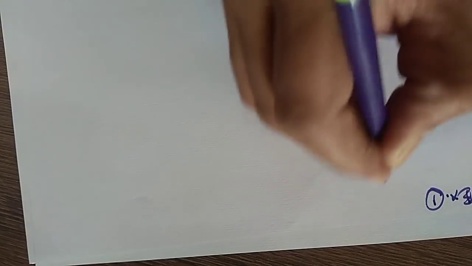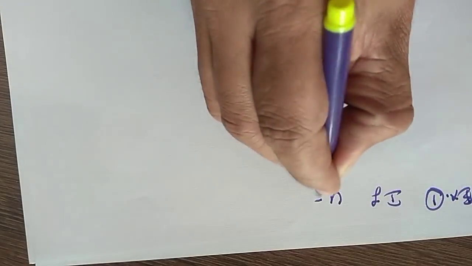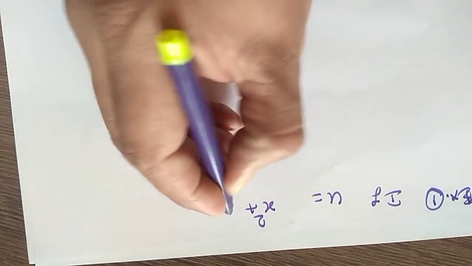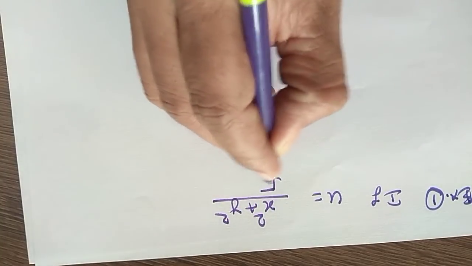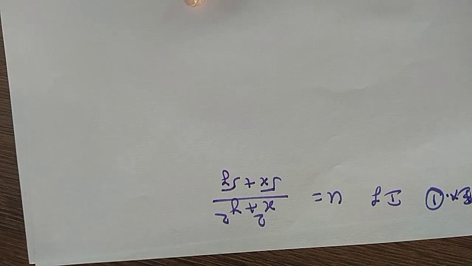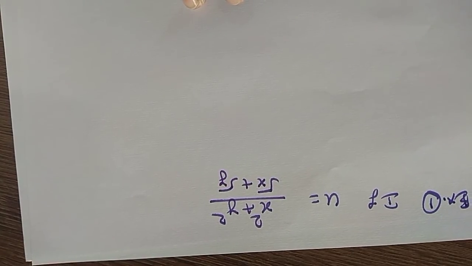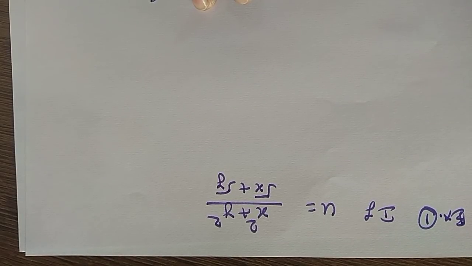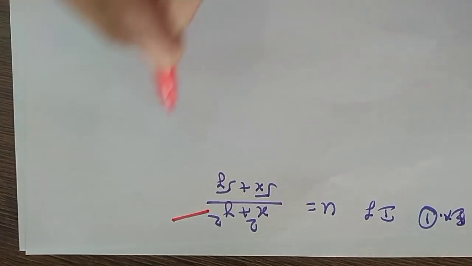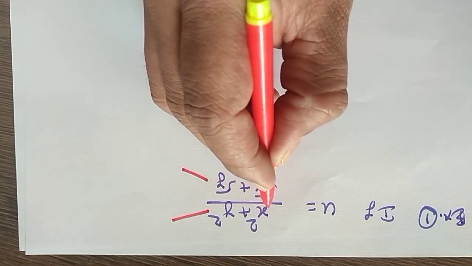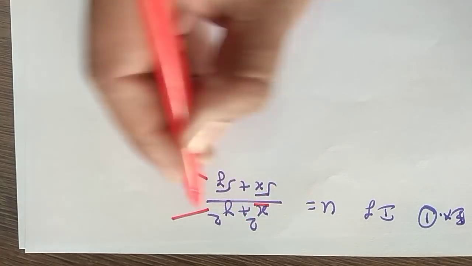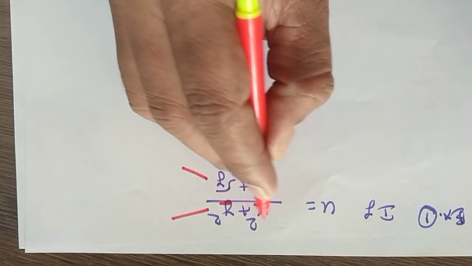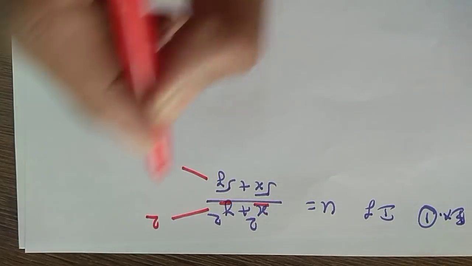Here, example 1. If u is equal to x square plus y square divided by root x plus root y. Now again, by observing this equation we can check whether the given equation is homogeneous or not. If we observe the numerator and denominator, in the numerator the first term is of degree 2, the second term is of degree 2, therefore the numerator is homogeneous of degree 2.